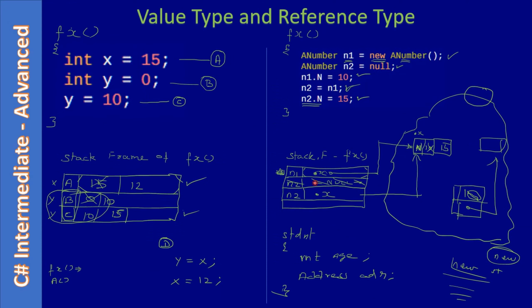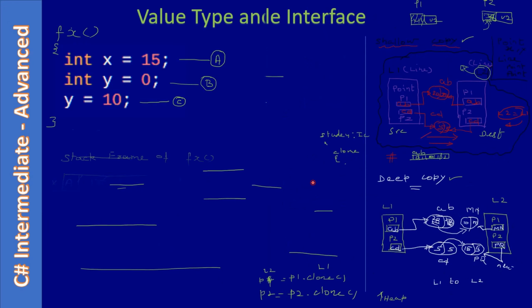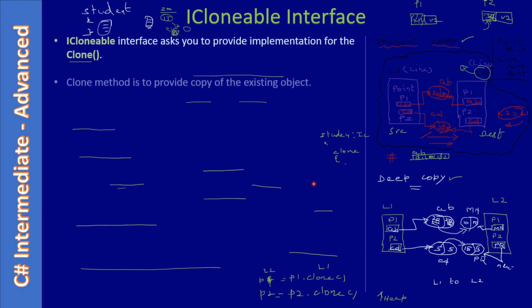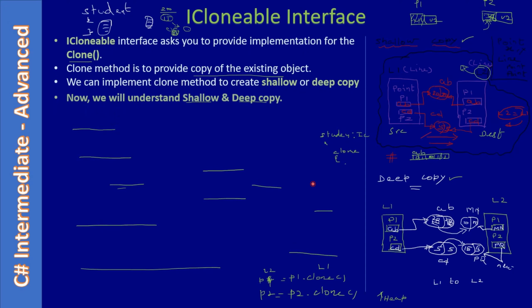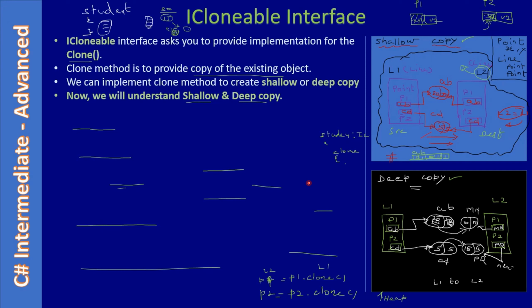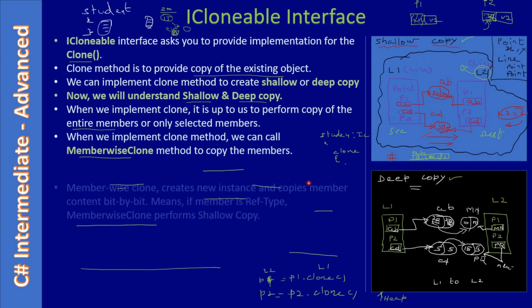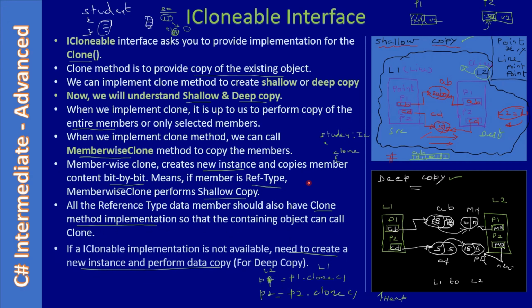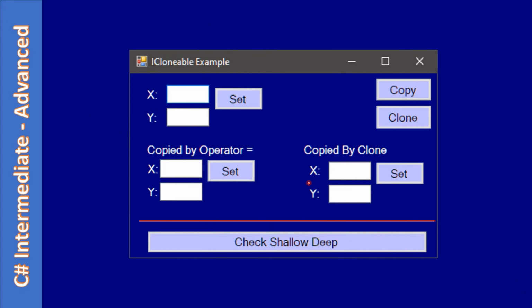First, we learned about value type and reference type. Then we learned about the ICloneable interface. When we were learning the ICloneable interface, we learned about shallow copy as well as deep copy. Here, if you see, we divided this sample application into two parts.